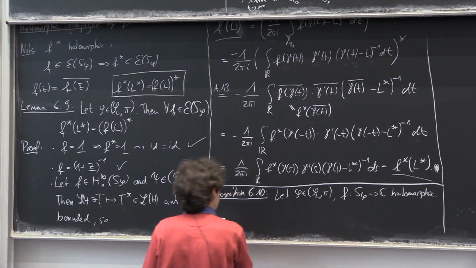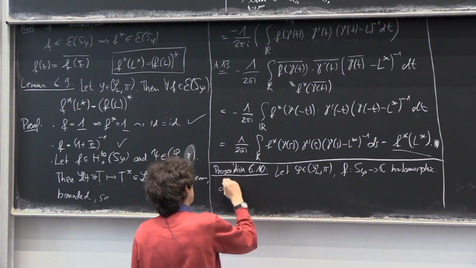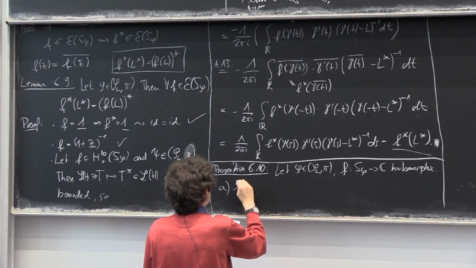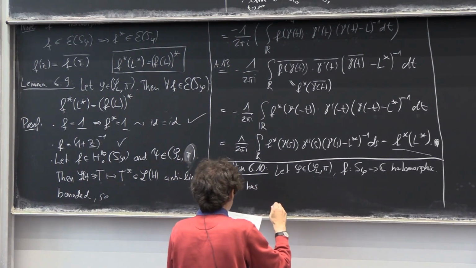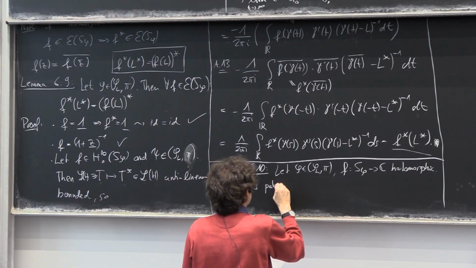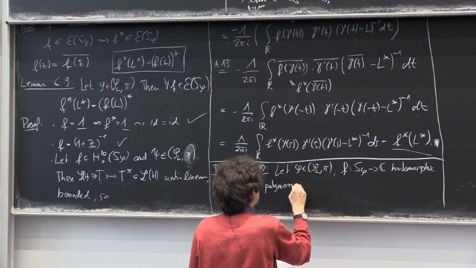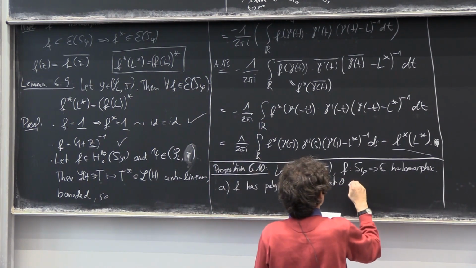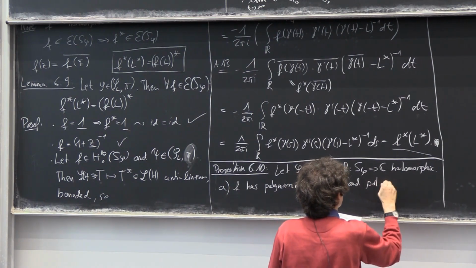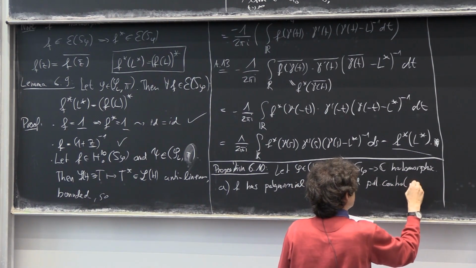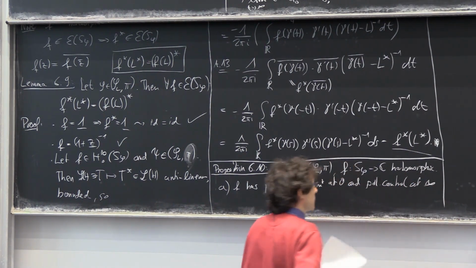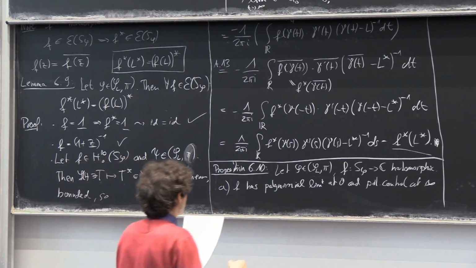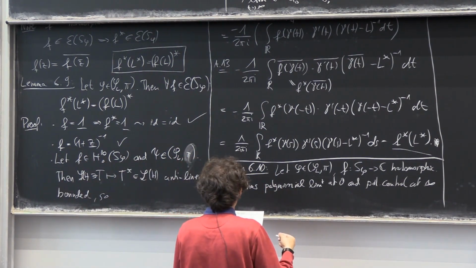So again, we have two cases. A: if f has a polynomial limit at 0 and polynomial control at infinity, so this is the case when you can regularize with 1 plus z to the minus 1, or some power of this regularizer.